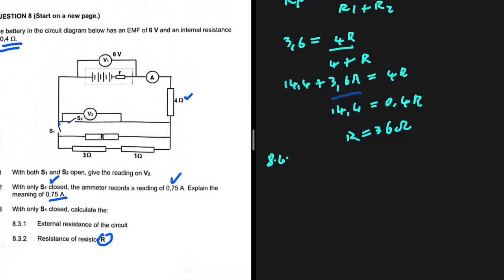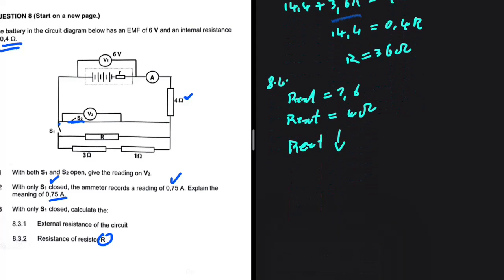So we have the current flowing in that direction. Initially, R external was 7.6. Now R external is just RS, which is 4 ohm. So clearly R external has decreased. If R external decreases, then the total current is going to increase.